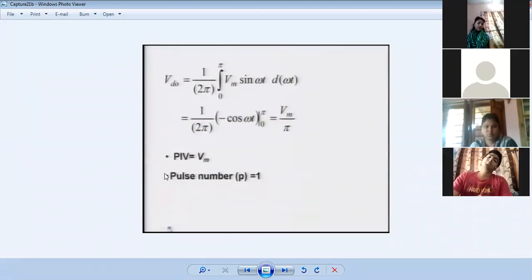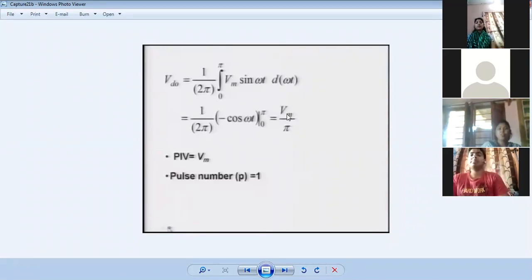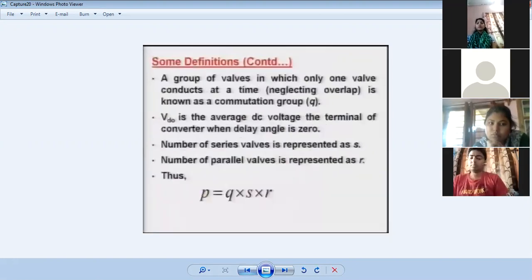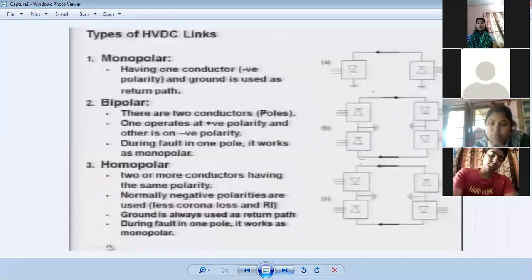The peak inverse voltage PIV is Vm, and the pulse number small p is 1. Okay, this is the main half wave rectifier circuit.